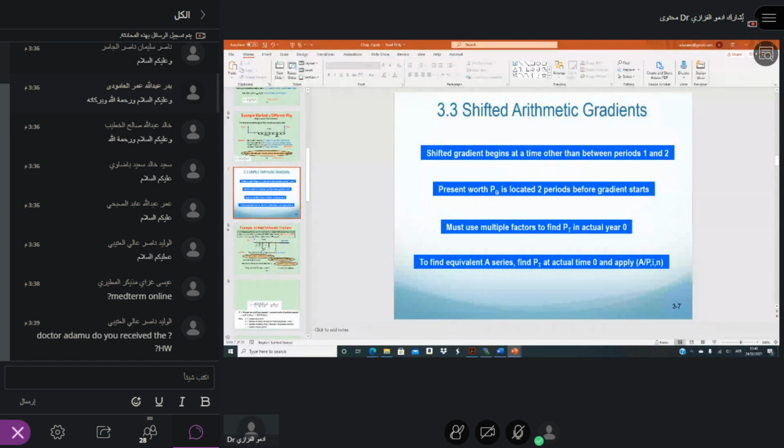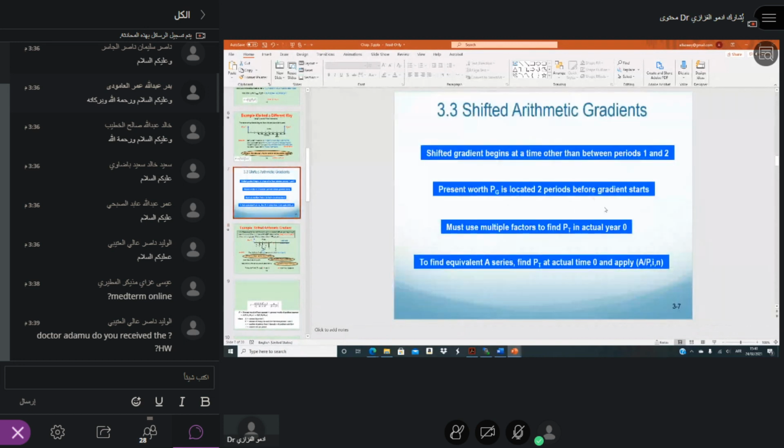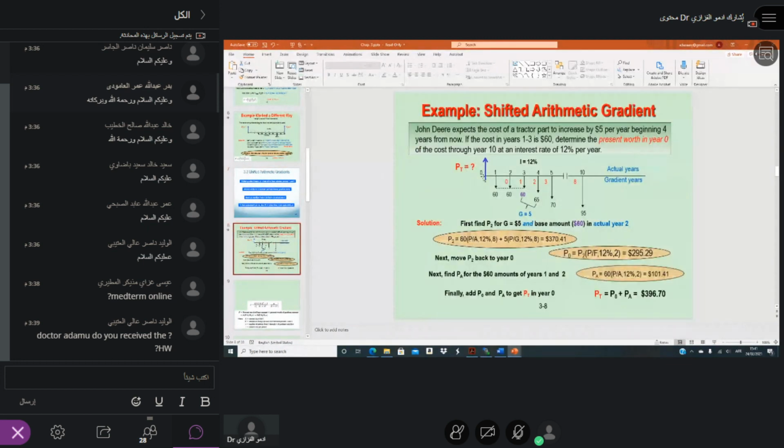In this case, you can calculate the present worth, the PG, which is located at period 2, before the gradient starts. You move to one period before the gradient starts. You must use multiple factors to find PT, the present total, in actual year 0.